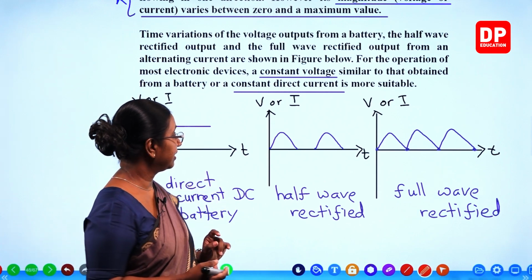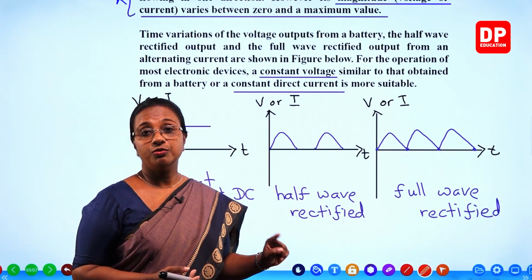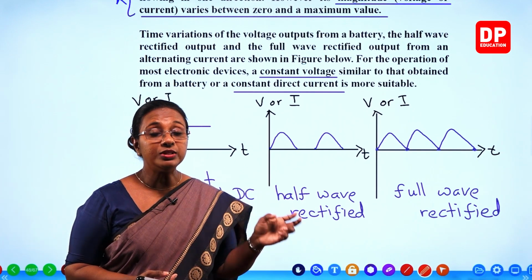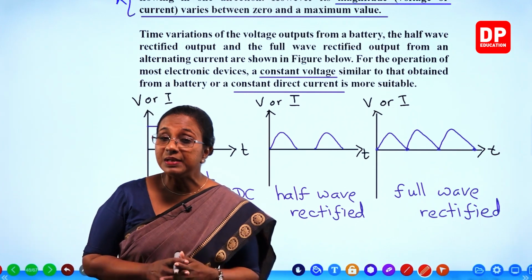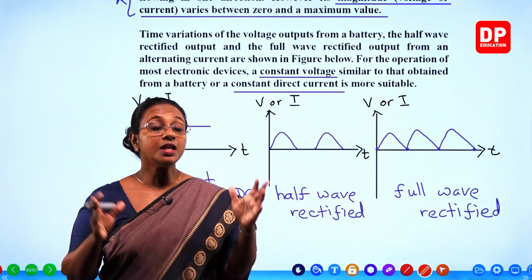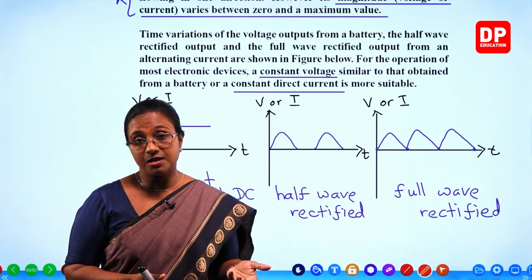To get that current, to make this not drop to 0, we carry out a process called smoothing. To do this, we need to use capacitors. You are familiar with capacitors. What is the function of a capacitor? When you supply current to a capacitor, it gets charged.